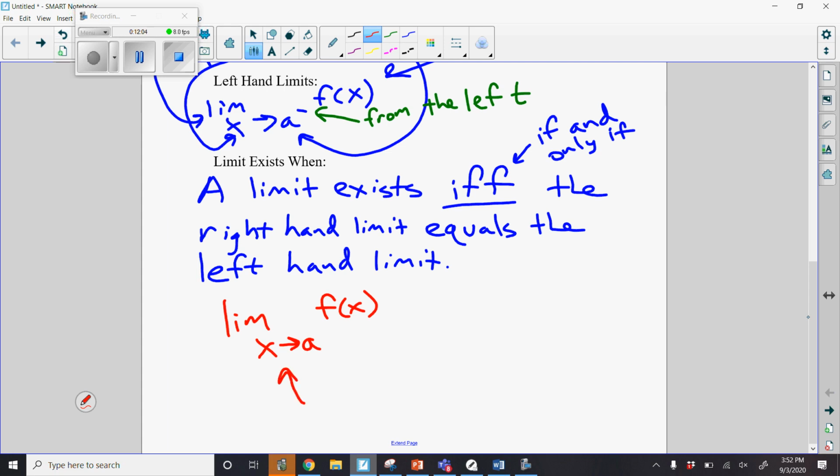This limit exists when the left-hand limit equals the right-hand limit.